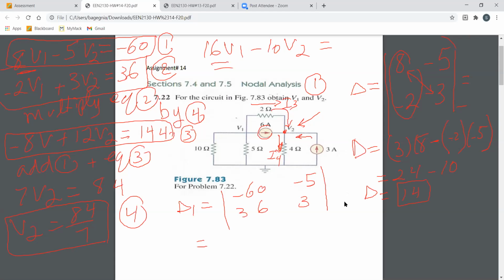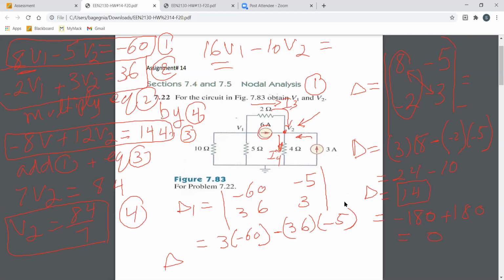Again, you do the cross multiply, so it will be 3 times negative 60 minus 36 times negative 5. It will be negative 180. And then we have minus times minus is a plus, so 36 times 5 is 180. This one will be 0. Is it a 0? Okay, yeah, it's a 0.